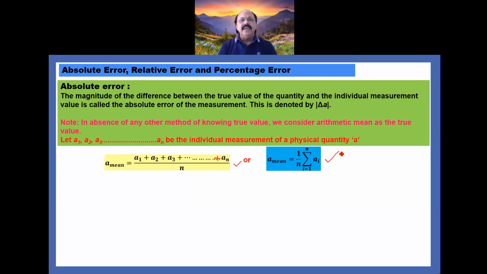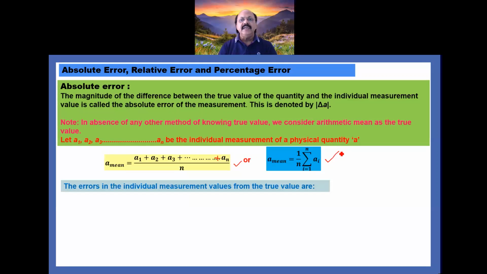This A mean is called the true value of the physical quantity A.